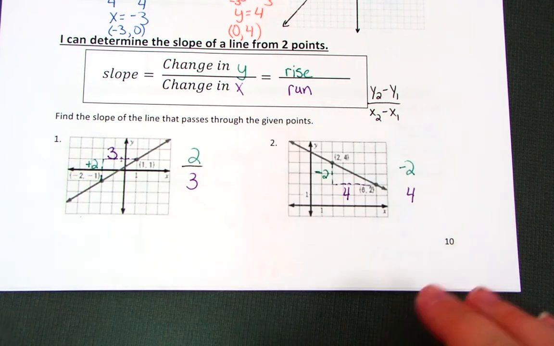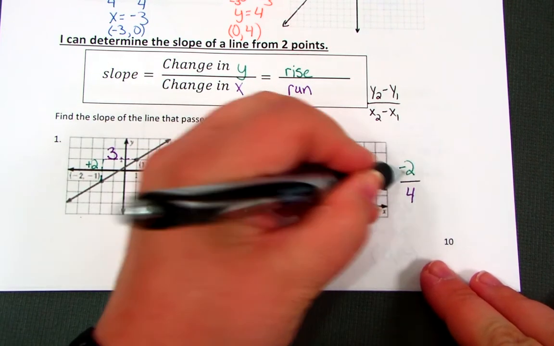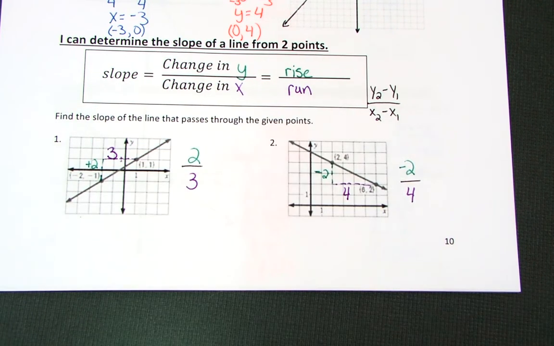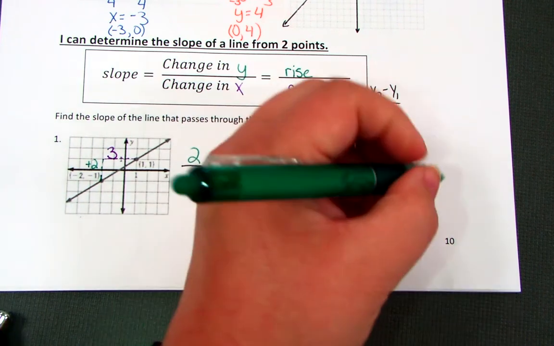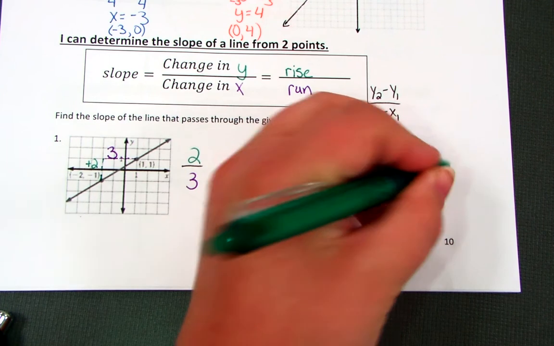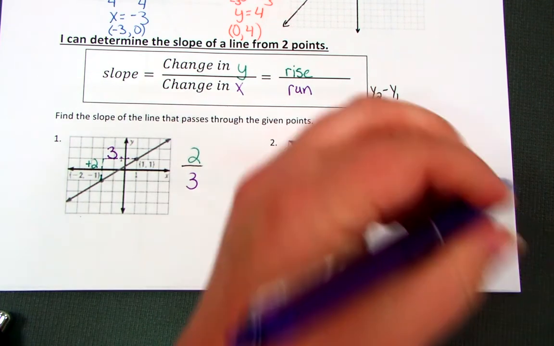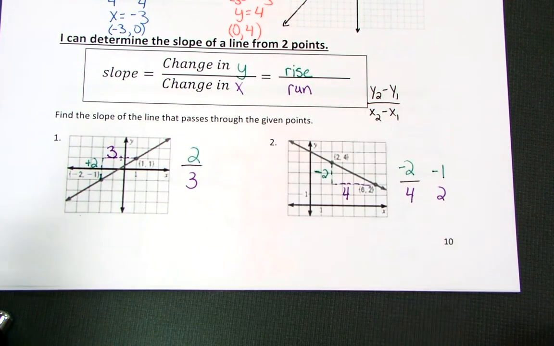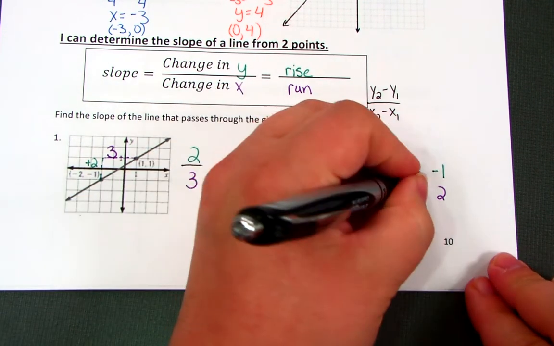Now when you do left to right or height over right, then that makes sure that you're always getting a positive number on the bottom, which is really what we want. We don't like to have negative numbers in the bottom for our slope. And then of course I can reduce that too. Negative 2 over 4 is really negative 1 over 2. So negative 1/2 is my slope.